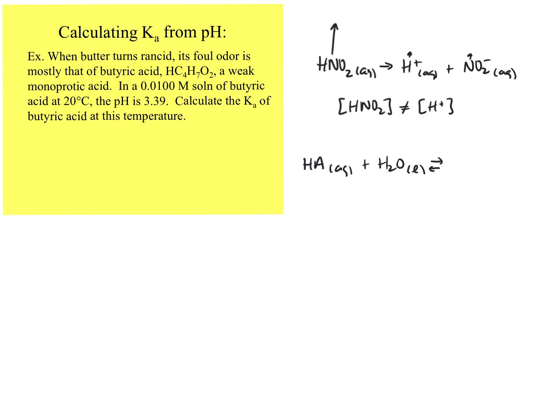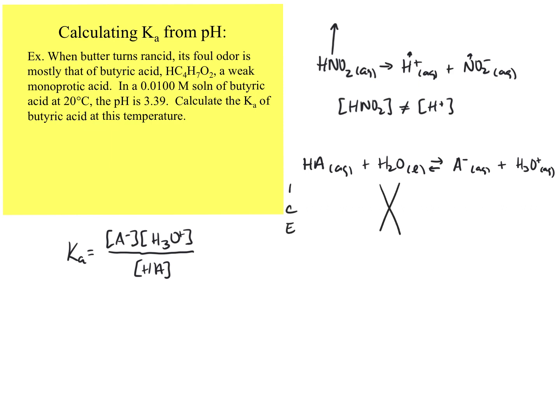So that becomes A negative and H3O positive. Then the Ka is the equilibrium expression, the product over the reactant: A negative times H3O plus, all over HA, and of course we ignore water because it's a pure liquid. Okay, so ICE table time.